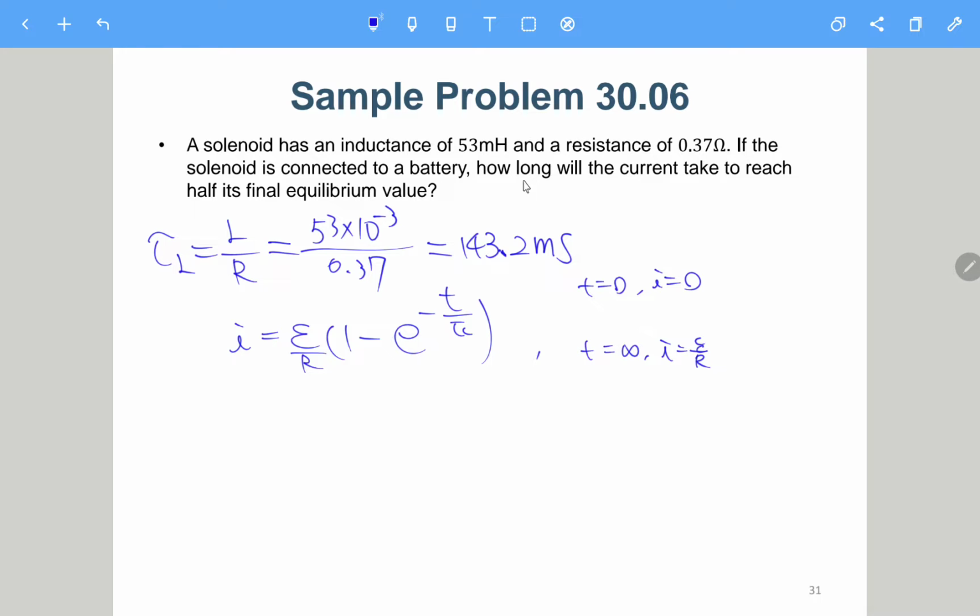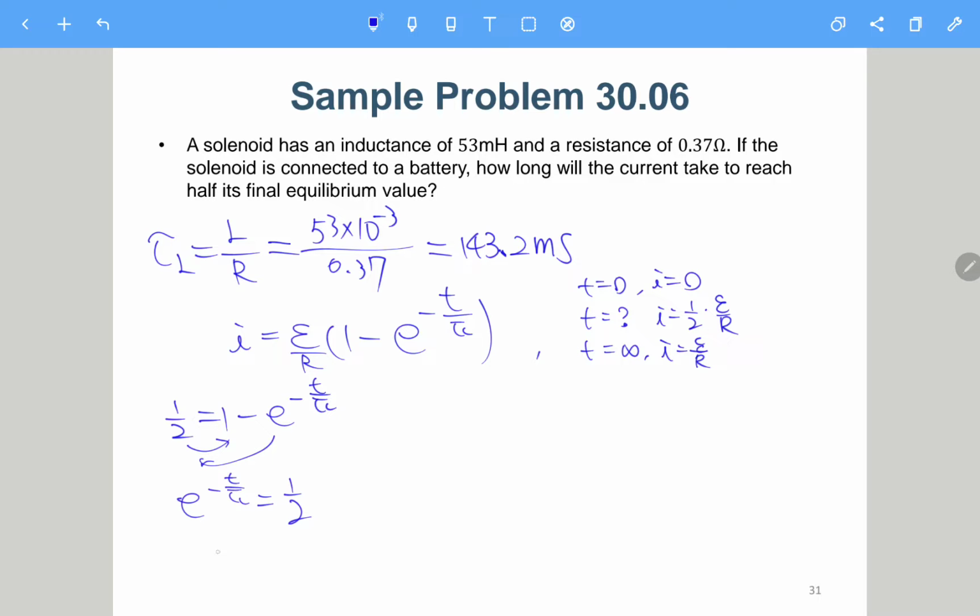So this question is asking how long the current will take to reach half its final equilibrium value, which means it asks for the time t such that I is 1/2 of E over R. So we want 1/2 to equal this factor: 1/2 equals 1 minus exponential to minus t over tau L. Here we can move this term over, so we have exponential to negative t over tau L equals 1/2.